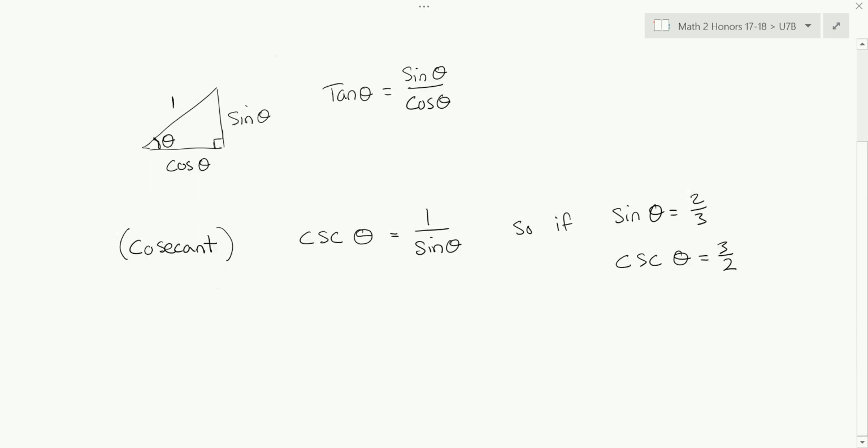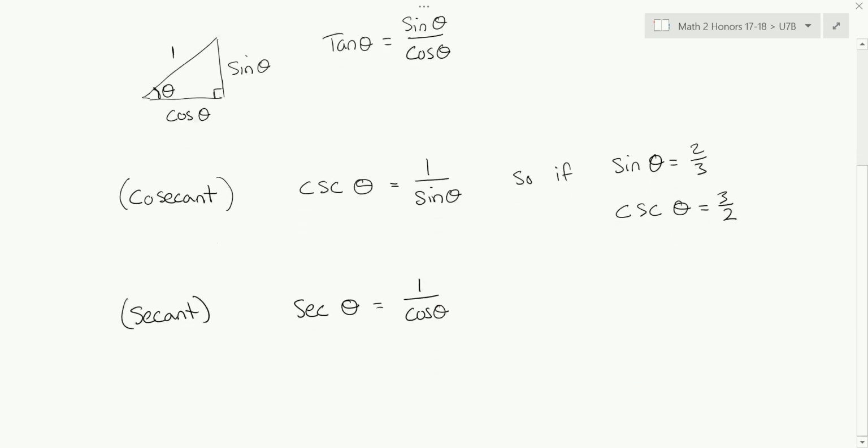The second, well, I guess this would be the fifth one, would be the reciprocal of cosine, which is called the secant of theta, abbreviated SEC, which is 1 over cosine theta. And same idea, if you know what cosine theta is and you want to find secant of theta, you just flip the fraction over.